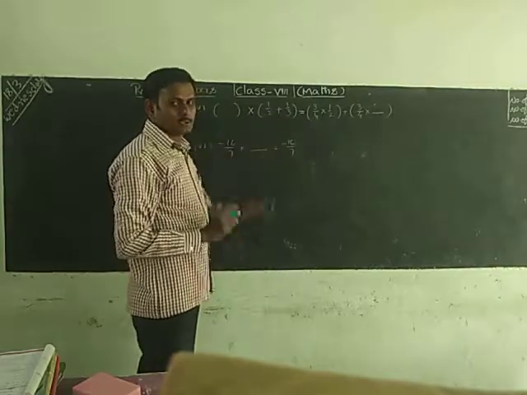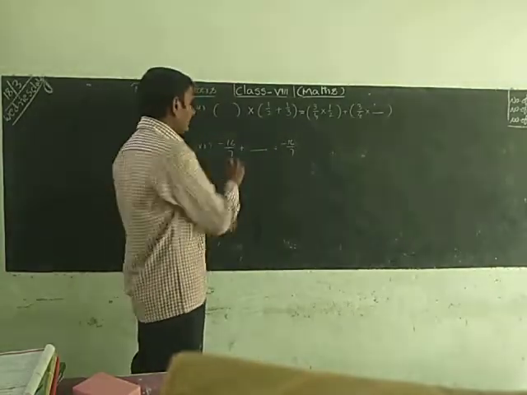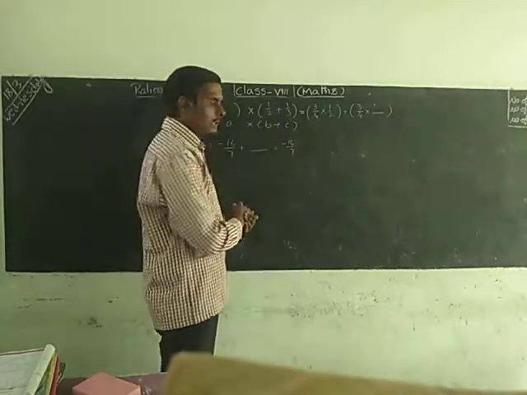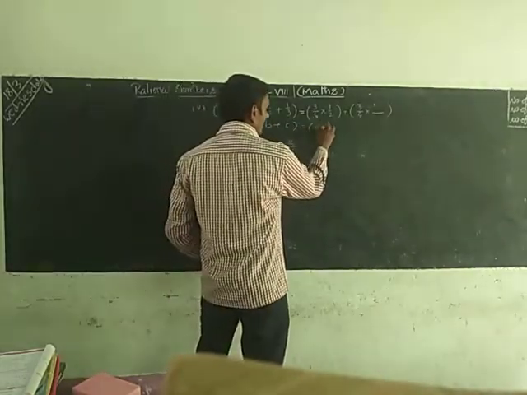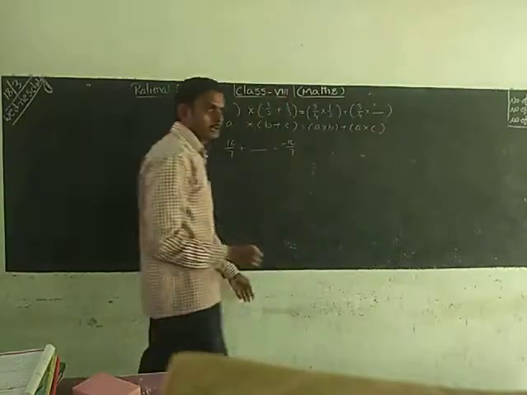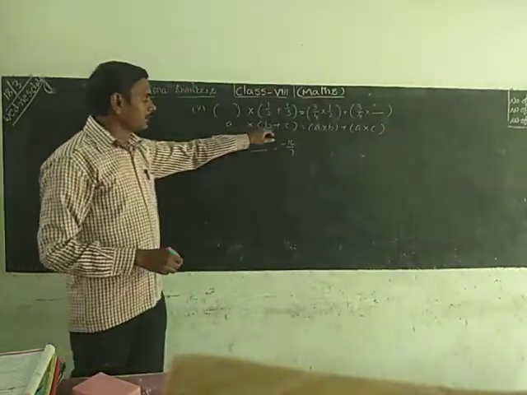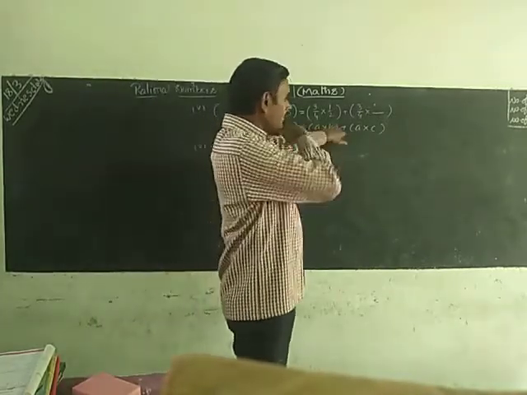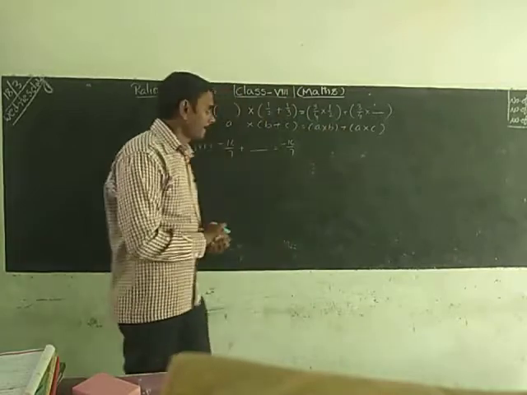Multiplication over addition means the distributive property. The formula: A into B plus C equals A into B plus A into C.